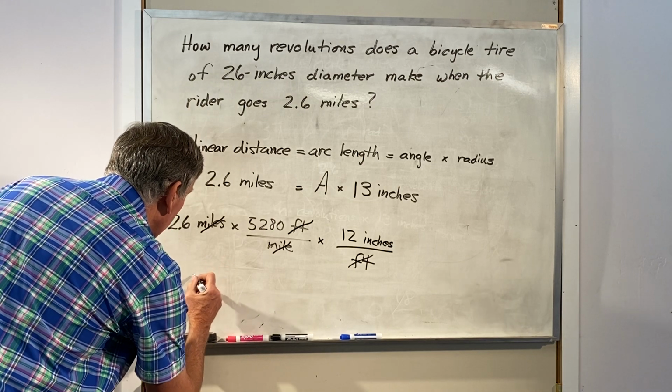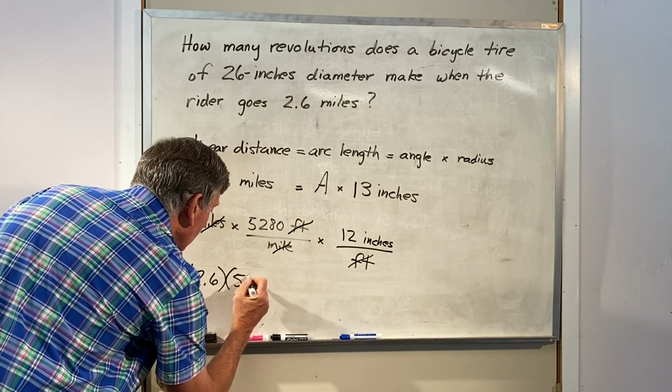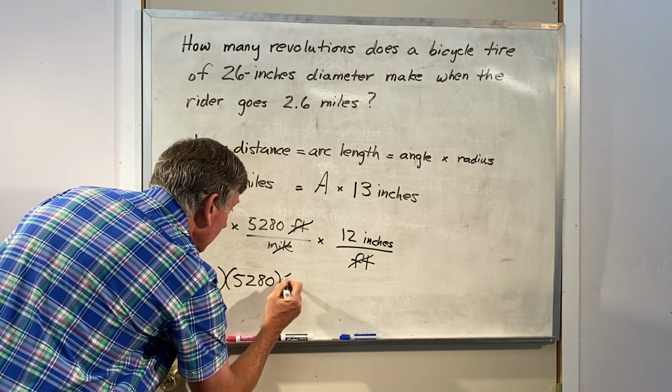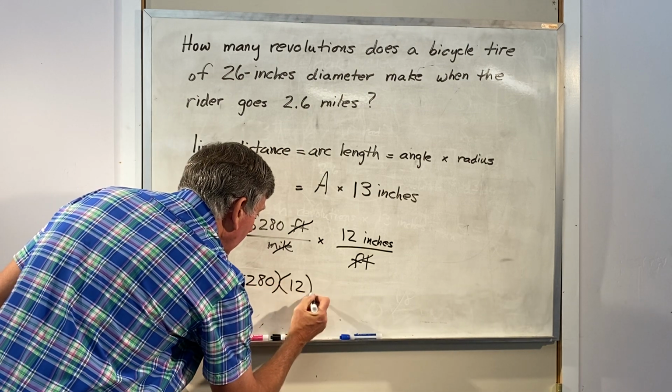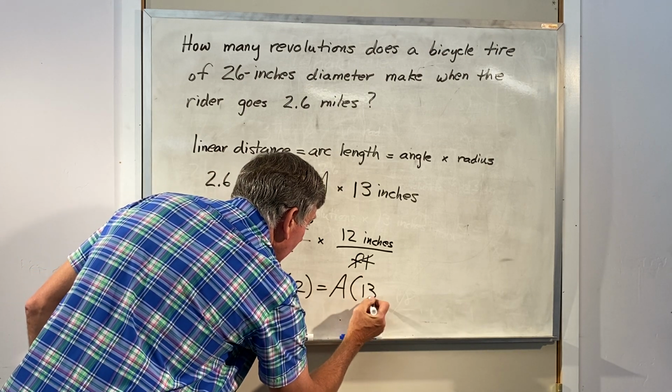So the numbers look like 2.6 times 5,280 times 12, and that's going to equal A times 13.